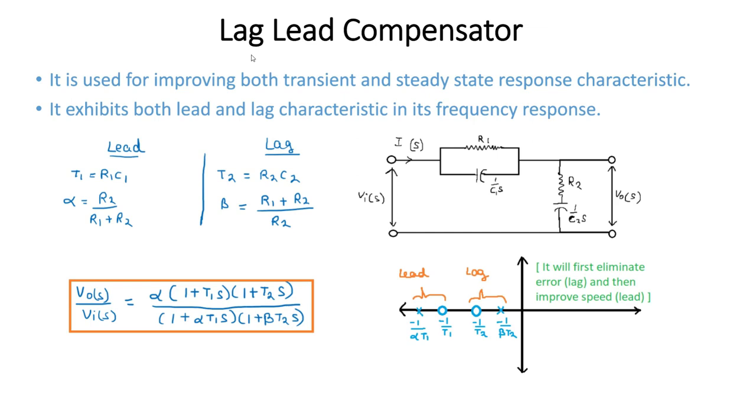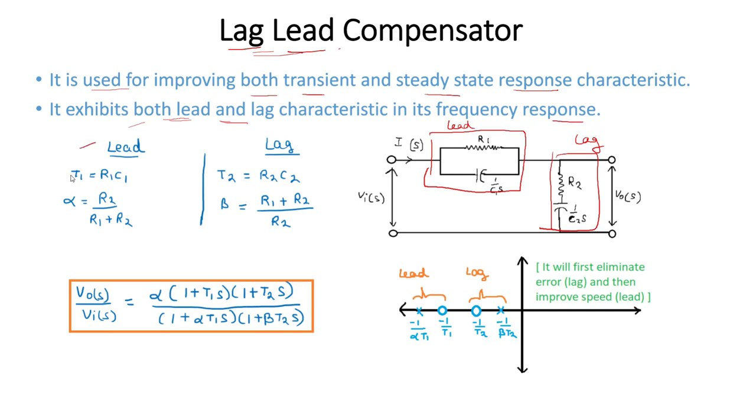Then we have a combination of both lag and lead compensator, which is lag lead compensator. So here you can see this is your lead compensator configuration and this is your lag. It is used for improving both transient and steady state response characteristics. Why? Because it is a combination of lag and lead. It exhibits both lead and lag characteristics in its frequency response.